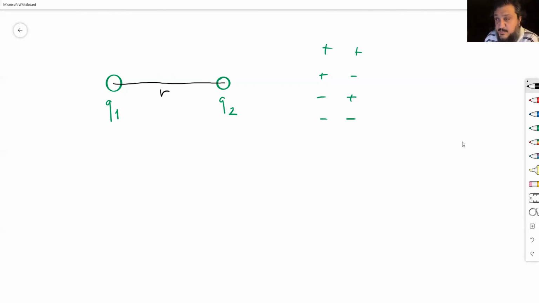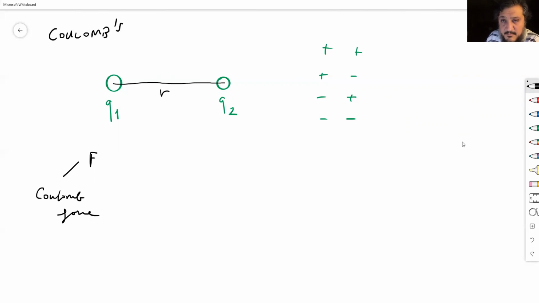So the force between them, F, is called the Coulomb force, or Coulomb's law. This force could be attractive or repulsive.